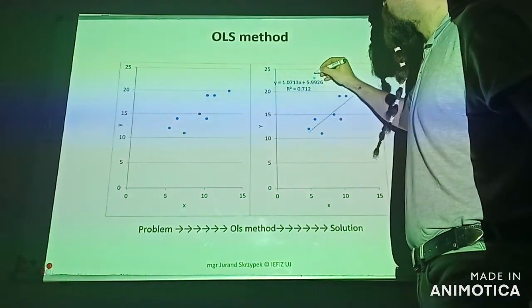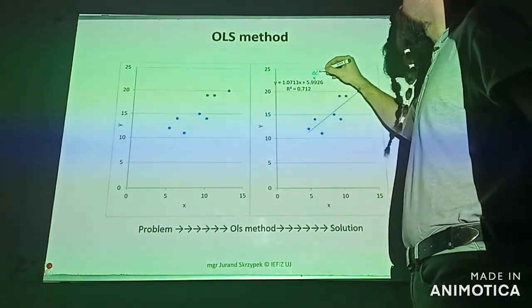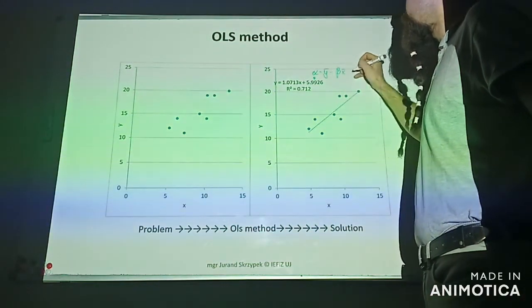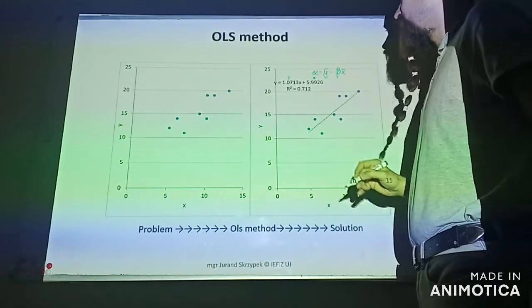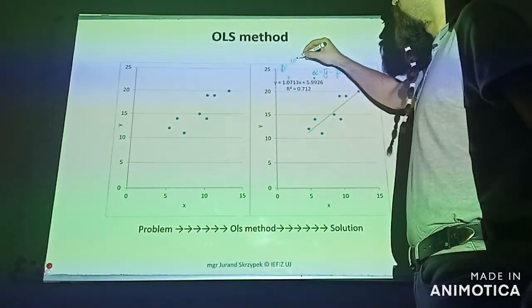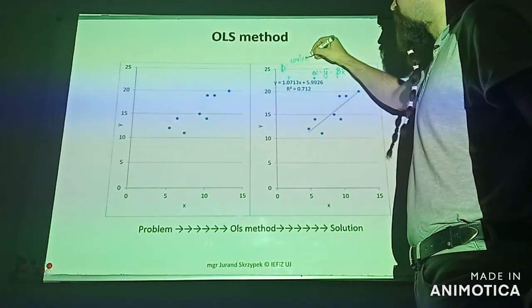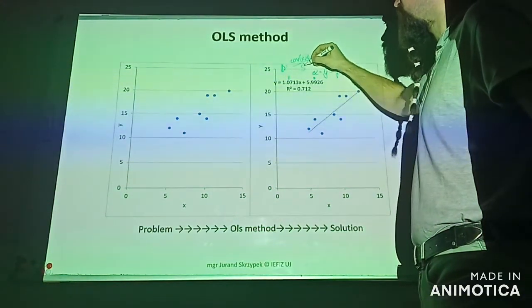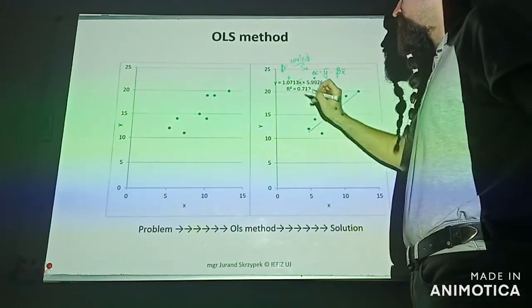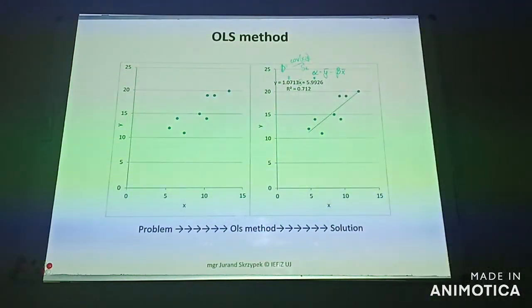Here we have the alpha parameter, which is mean y minus beta times mean x. Here we have the beta parameter, which is the covariance between x and y values divided by the variance of x. This is the beta parameter because it stands beside the variable x.